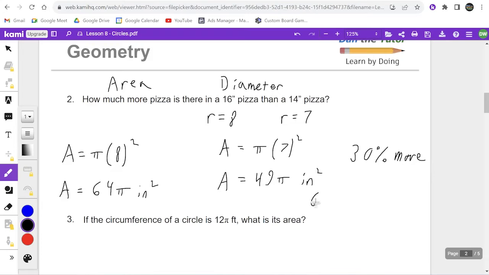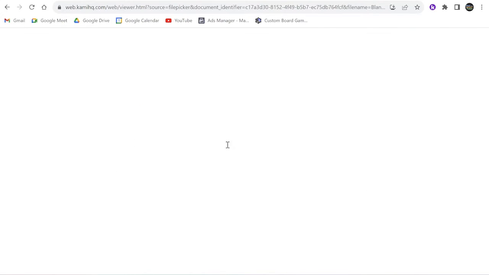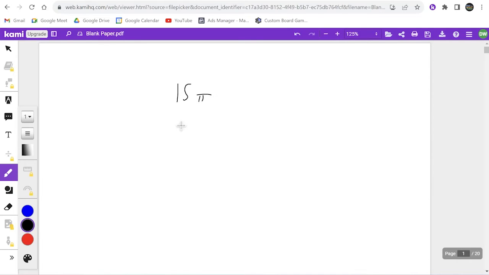So 64 pi minus 49 pi, that's going to be 15 pi. 15 pi is how much more pizza I have in the 16-inch than the 14-inch. And the way I got approximately 30% more is I took that 15 pi, my answer that I just said, and divided it by the 14-inch pizza, which was 49 pi, multiplied by 100, and you'll get about 30% if you do that.